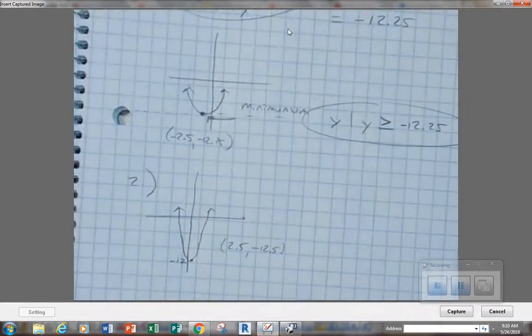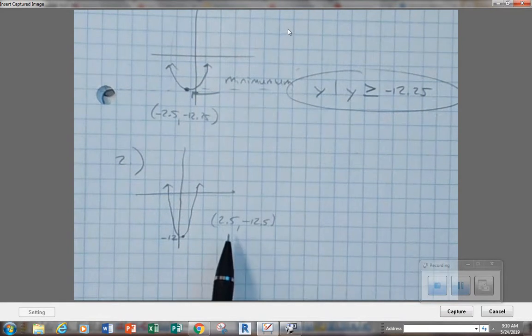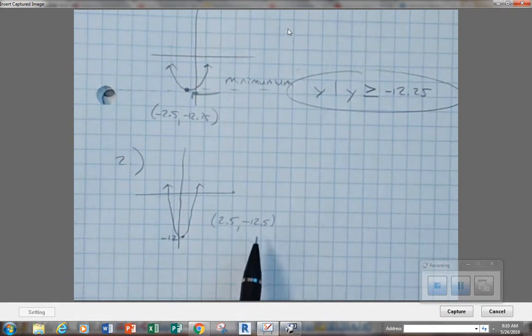Of those choices, they're all positive, so I can't rule one out because it's negative. They're all opening up. So I need to find the vertex to try to find that to be 2.5, negative 12.5.